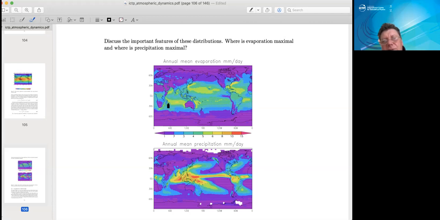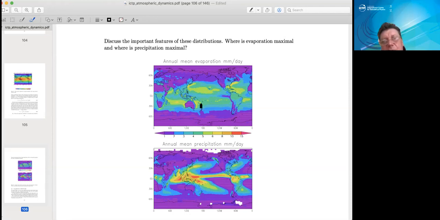Why do you think this is the case? There's a lot of evaporation in these subtropical regions, and not so much where we have actually the warmest air close to the equator. There is evaporation, but it's not huge.